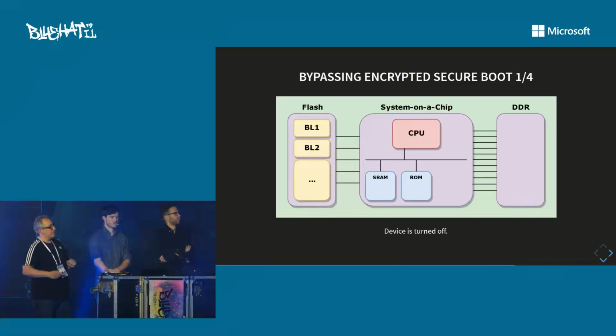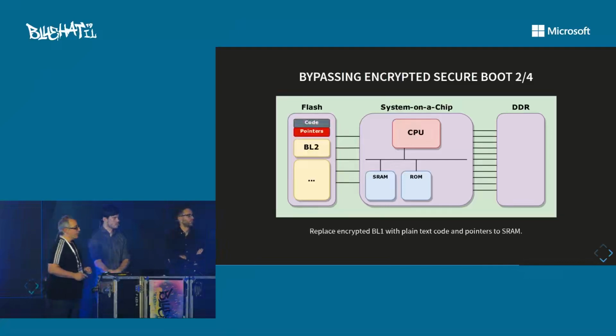Again, the device is turned off. Before, we placed the plain text image in BL1. Now we are going to place still the same image, the payload, with a tail of pointers, a pointer sled. A pointer to what? Well, we know that that code is going to be placed in SRAM at some specific address. Let's assume that you know that address.